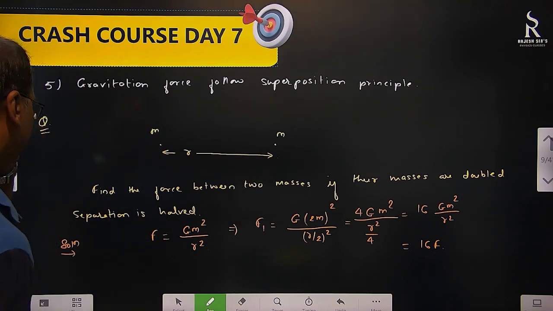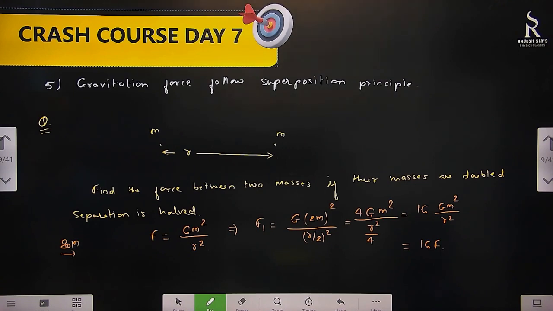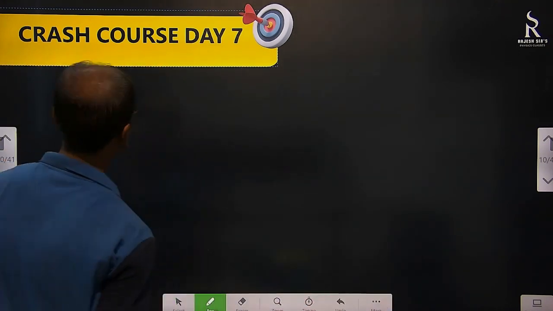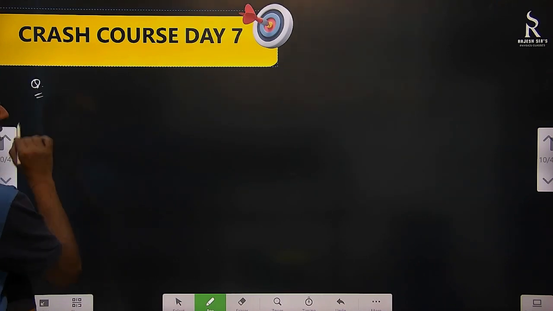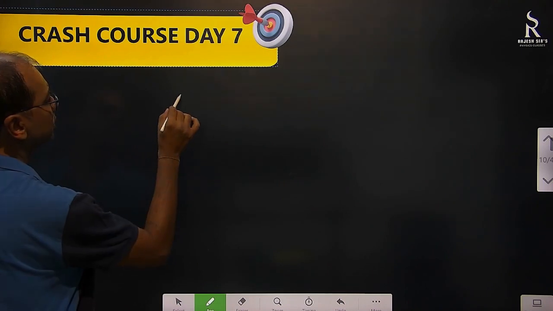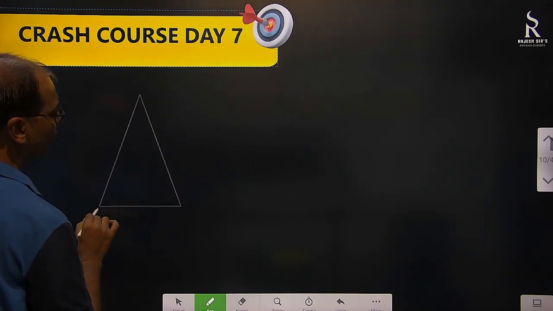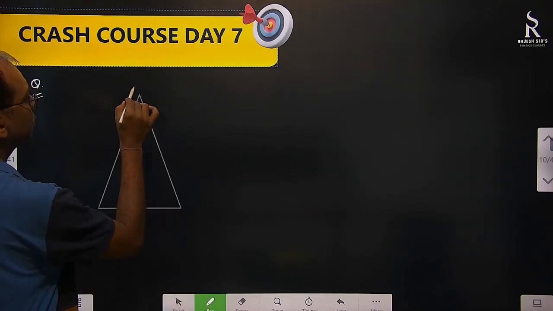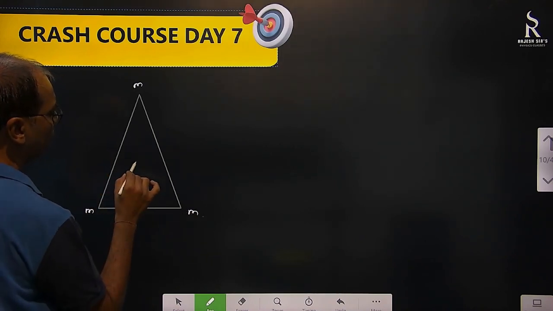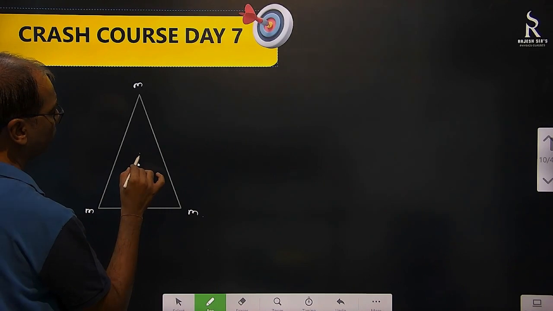Alright, let's see further. What more? Basic questions are this way also. If they say there is a combination of particles which are kept at the vertices of a triangle. Here is M, here is M, here is M. Then a particle is placed at the centroid.